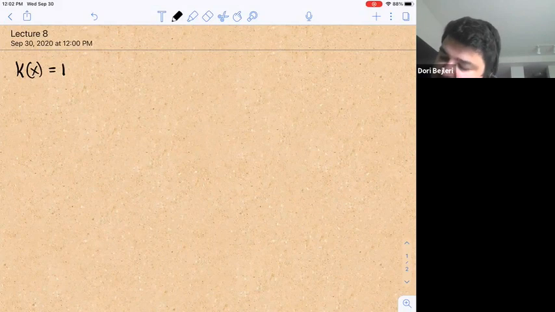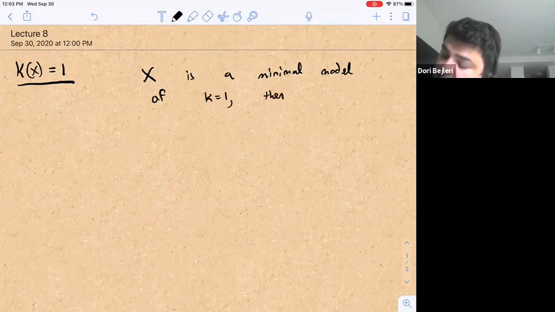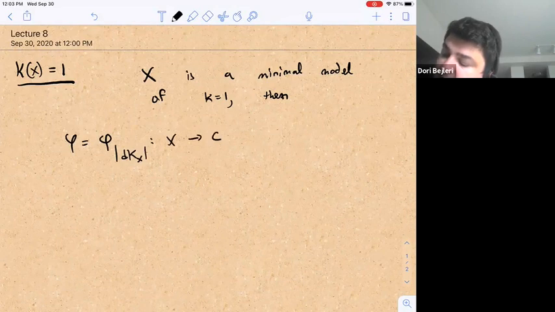And we had showed that if X is a minimal model with Kodaira dimension 1, then the anti-canonical linear series, or some large multiple, is an elliptic fibration.